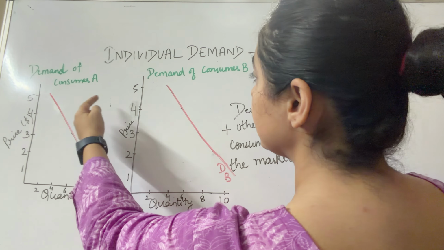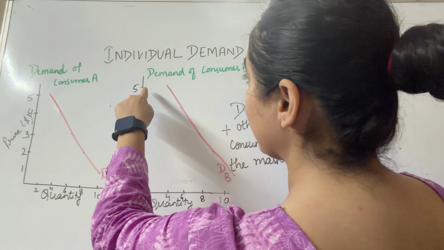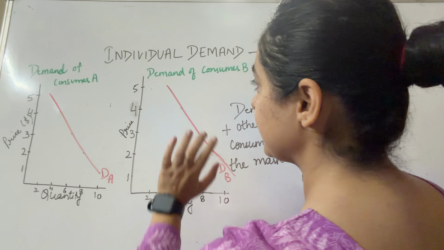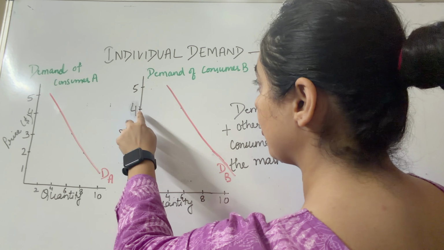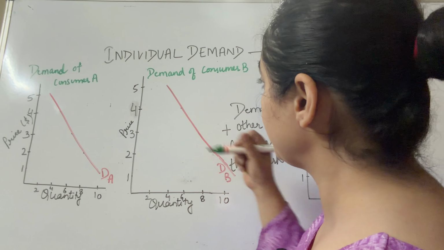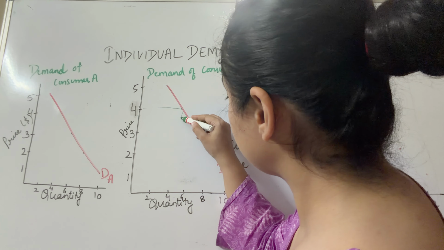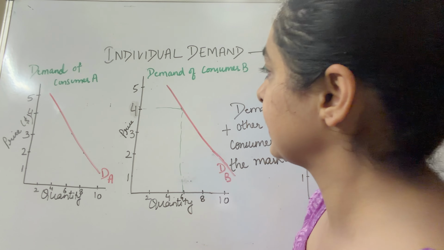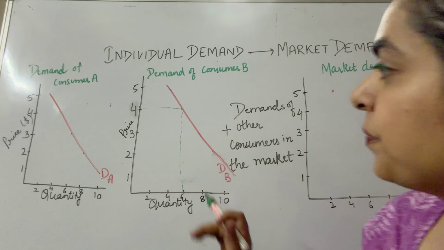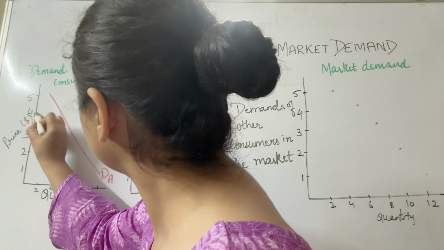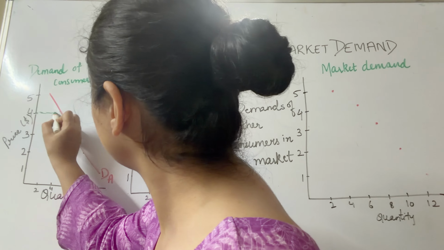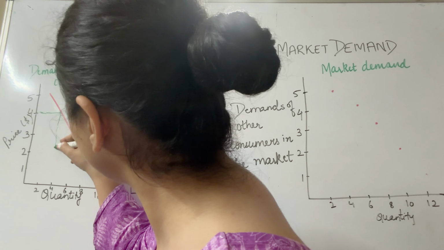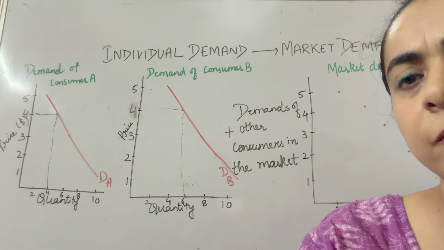Consumer B wants to have 4 units at a price of 5, and similarly at a price of 4, he wants to consume more units, like 6, as compared to consumer A. Consumer A at a price of 4, his quantity demanded was 4 only.